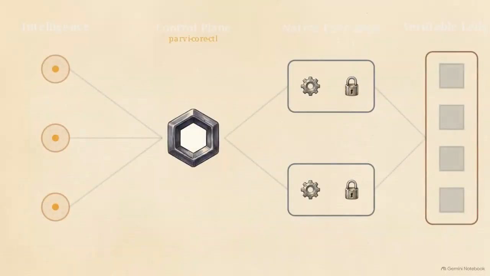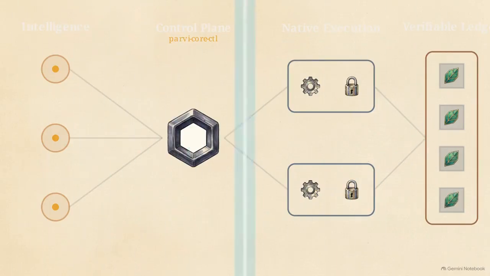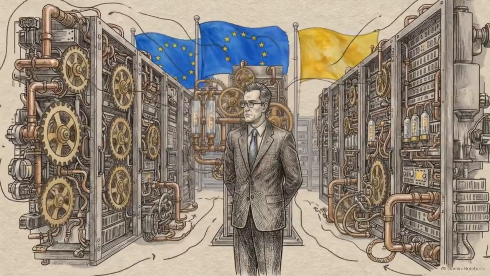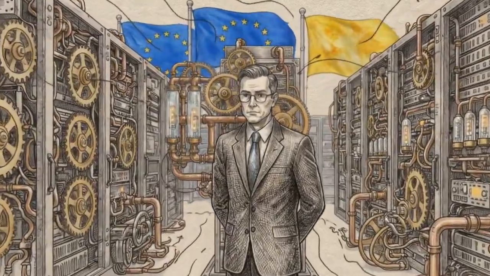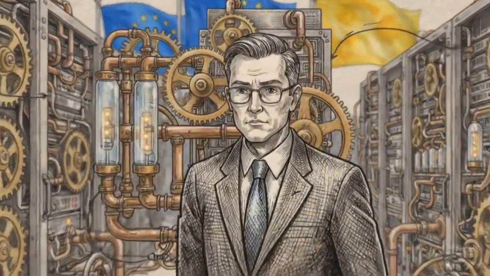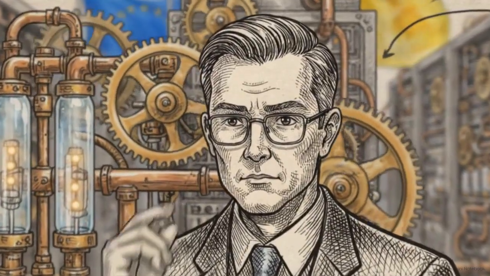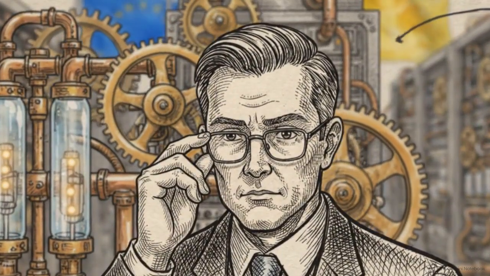Taking a macroscopic view of the completed architecture, the closed loop becomes clear. Intelligence flows from the models, funnels through the Rust control plane, executes in native operating environments, and is permanently proven in the cryptographic ledger. This rigorous structure directly addresses global AI regulation, where the European Union AI Act is setting a new, unyielding baseline for enterprise compliance.